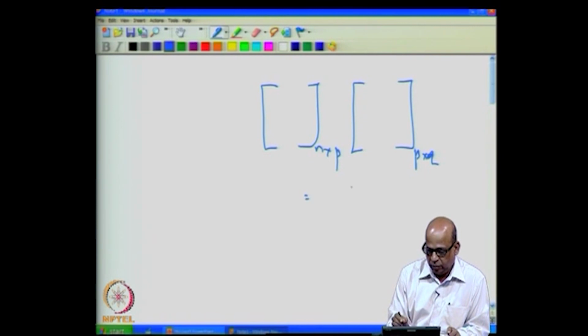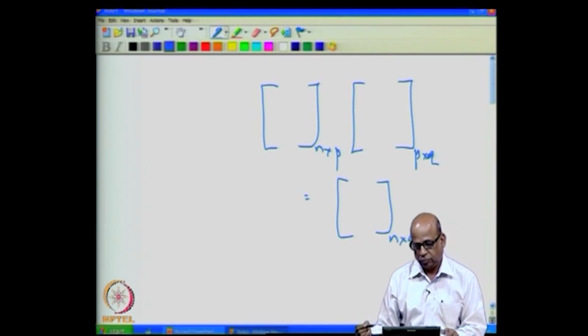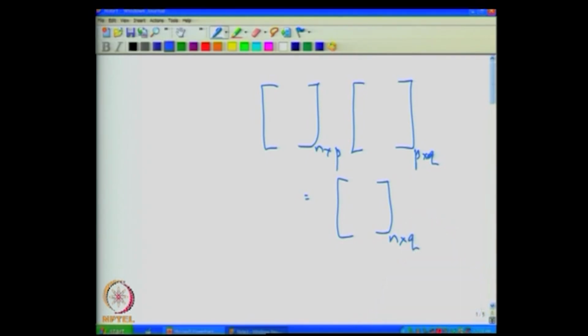When you multiply this, you will get a n by q matrix.